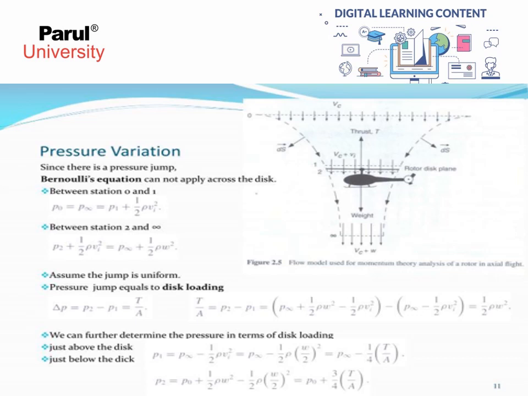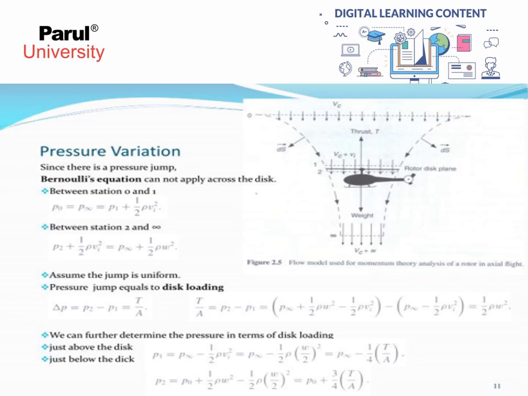Assume the jump is uniform, pressure jump equal to disk loading, delta P is equal to P2 minus P1 is equal to T by A, or T by A is nothing but P2 minus P1 is equal to P infinity plus 1 upon 2 rho omega square minus 1 upon 2 rho Vi square, minus of P infinity minus 1 upon 2 rho Vi square, then finally 1 upon 2 rho omega square. This is nothing but T by A.